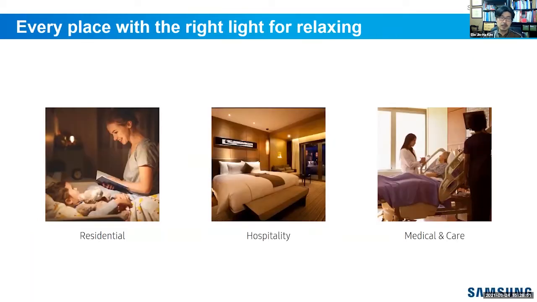Okay, next slide. And you can imagine that this type of new spectrum of LED lighting can be very beneficial when you use it in residential areas and hospitality facilities such as hotels, and especially for medical facilities and healthcare facilities. Imagine these people with limited capabilities of moving in and out of buildings whenever they want.